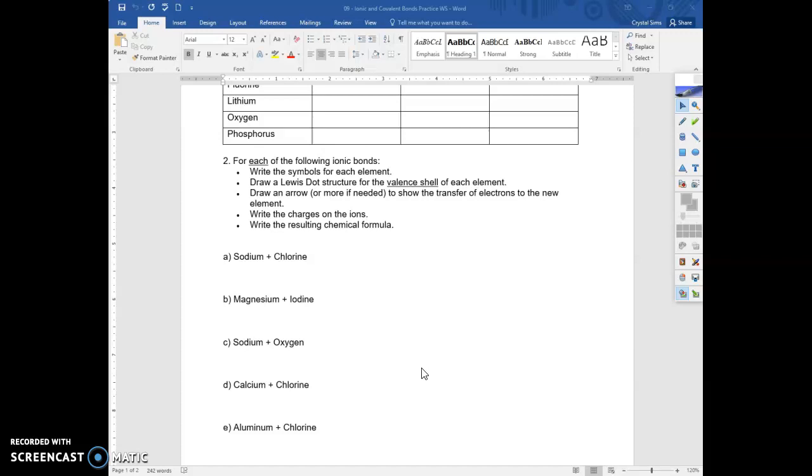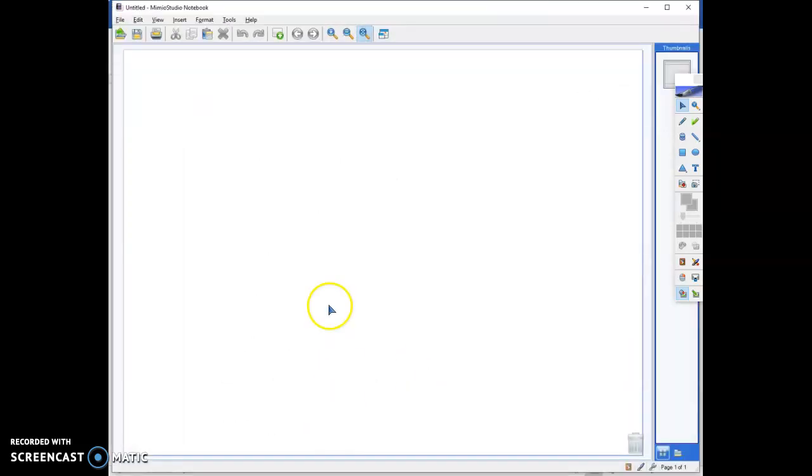So what we do when we're looking at Lewis dot structures is we actually show, using the arrows, where those electrons are going. So our first one we have here is sodium plus chlorine. So let me get to my whiteboard, and I will show you how we do these.